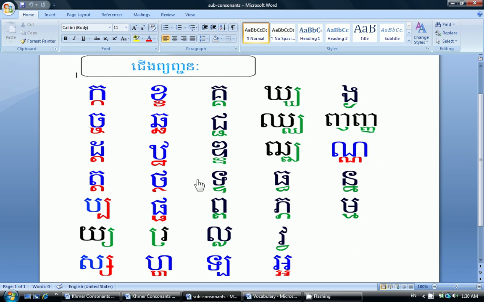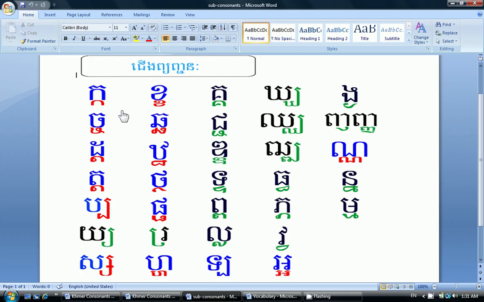Most of these subconsonants look just like the consonant, with the exception of the hair. But some of them do look quite different. The subconsonants have the same sound as the consonant.